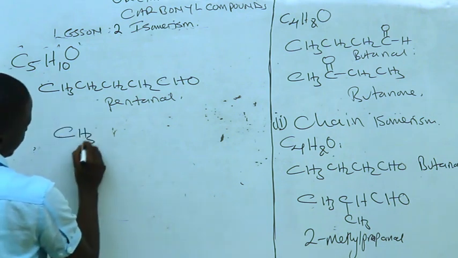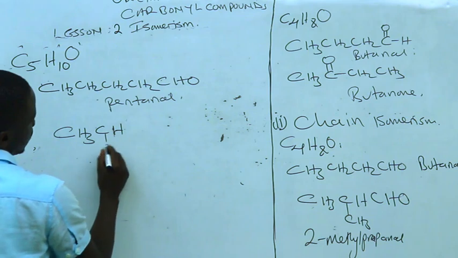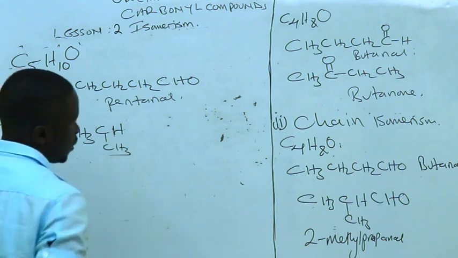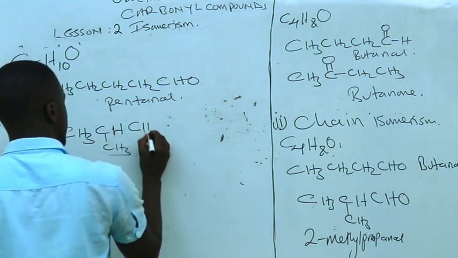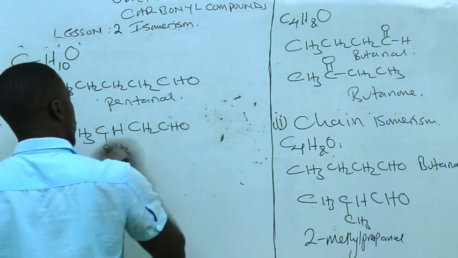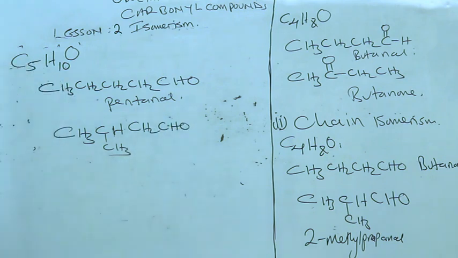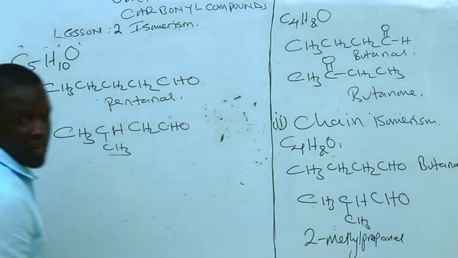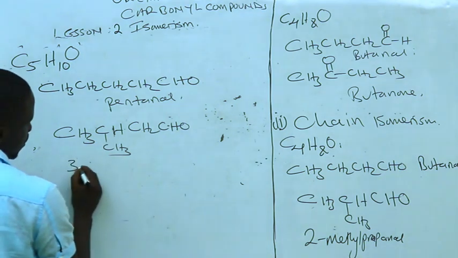a branch, CH3, CH. This is a branch created. And then CH2, CHO. In that case, you will still have an aldehyde. This time the main carbon chain has 4 carbon atoms, and so we shall have the name 3-methyl.